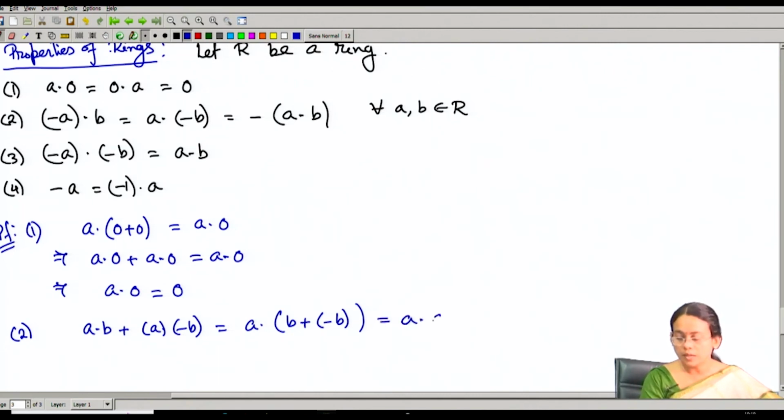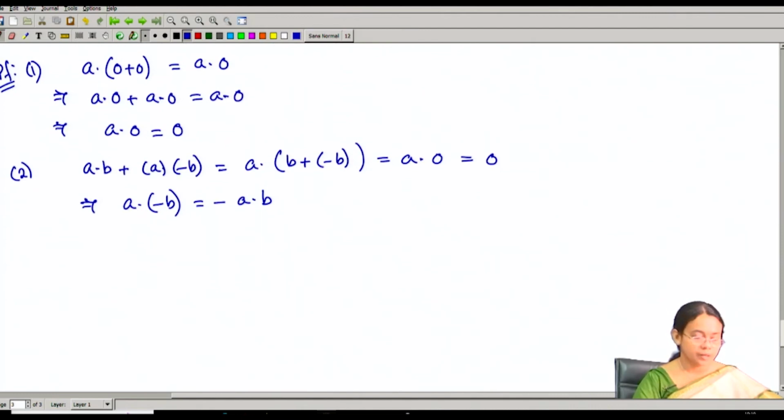So this is a dot 0, and by the previous result a dot 0 is 0. So I have proved that a dot b is the additive inverse of a dot minus b. So from here I can say that a dot minus b is the same as minus of a dot b. This proves the second part, and for the third and fourth you can try in a similar way.